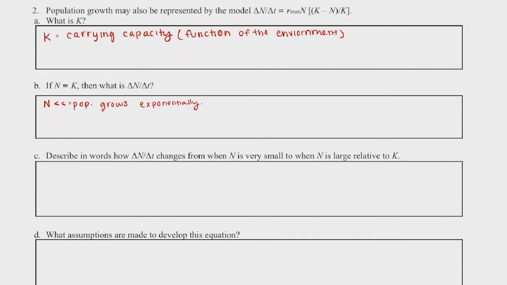So the actual number of new individuals added is relatively small, but because N is so small, as N nears the value of K over 2, delta N over delta T approaches maximum. So as N is closer to K, delta N over delta T decreases.